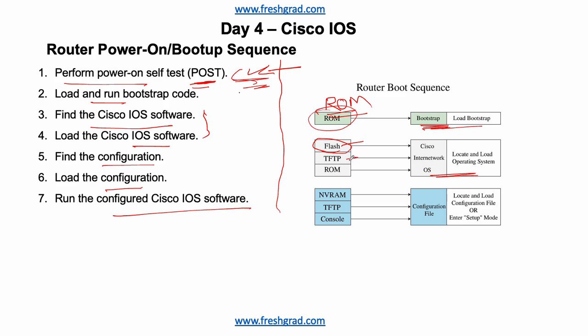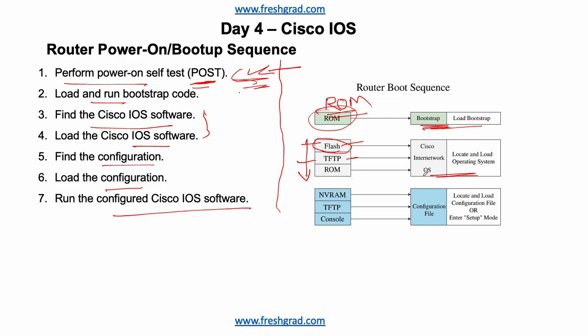And if it doesn't find it in TFTP, it looks into the ROM. So this is how it searches for the IOS image. This is the order the router follows: flash, TFTP, and third is the ROM. And if it finds it in the ROM, then it will load it.